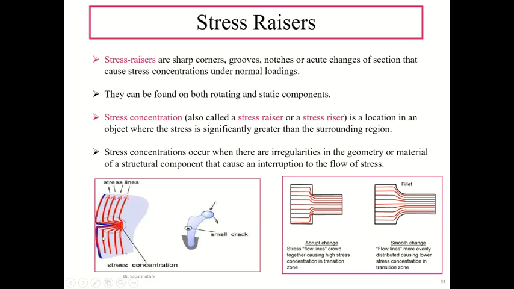So here in this figure, you can see the region of stress concentration. This is a biomaterial, an implant, and we try to find the stress concentration area. When the load is applied over here, this region will be the stress concentration region, and the maximum stress will be observed in this region.